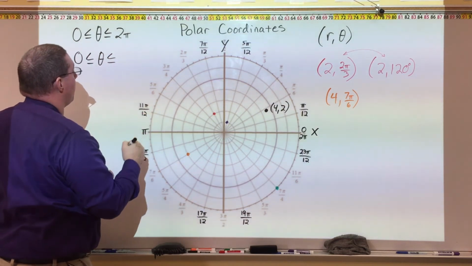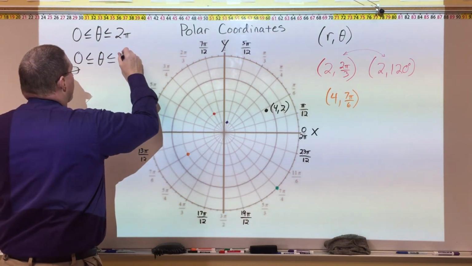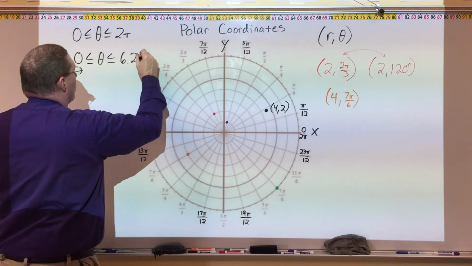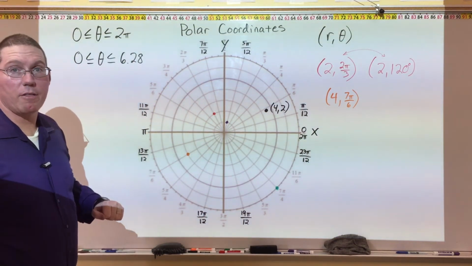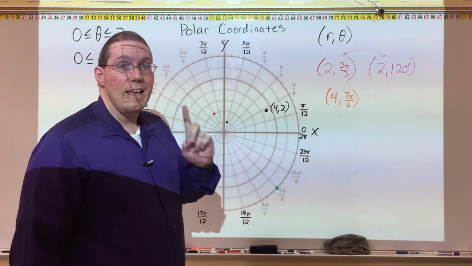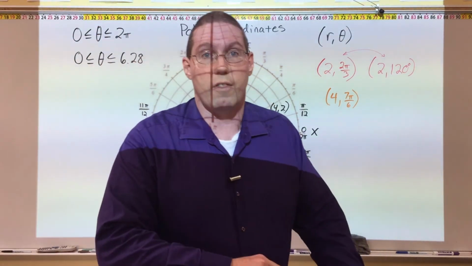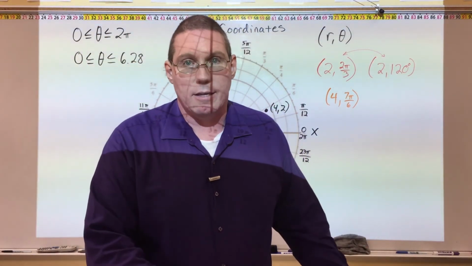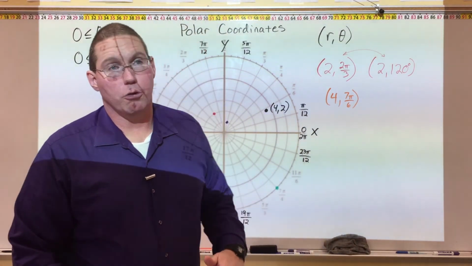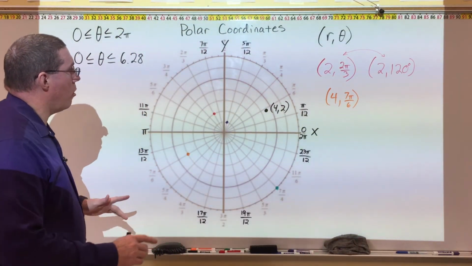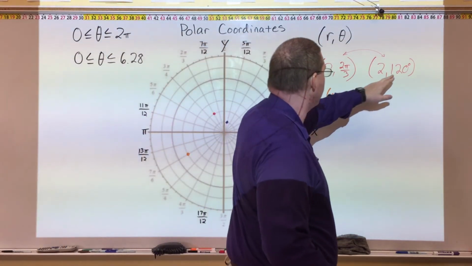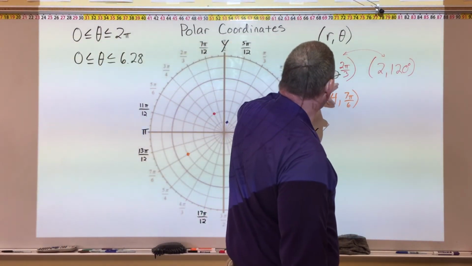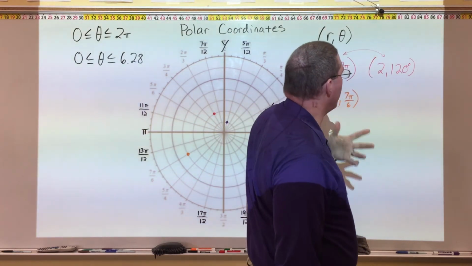It could be a decimal value of a radian, so 2 pi is approximately equal to 6.28. So you're never going to have radians that are smaller than 0, and you're never going to have radians that are larger than 6.28. If you do, you need to convert them by either subtracting 2 pi or adding 2 pi. Okay? All right, so our angle measure is never going to be negative, and generally speaking, your radius is always going to be positive.